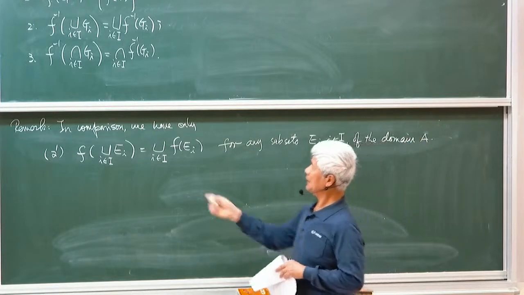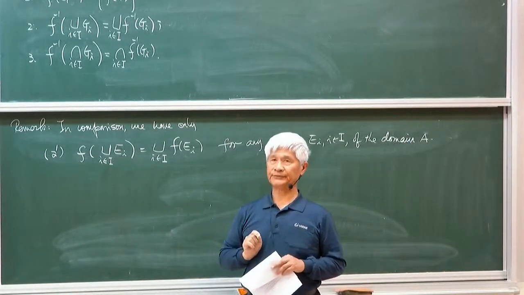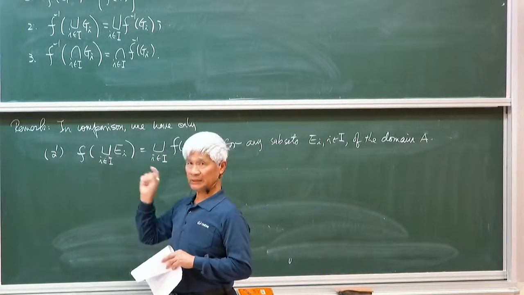Now, the forward mapping F commutes with the union.